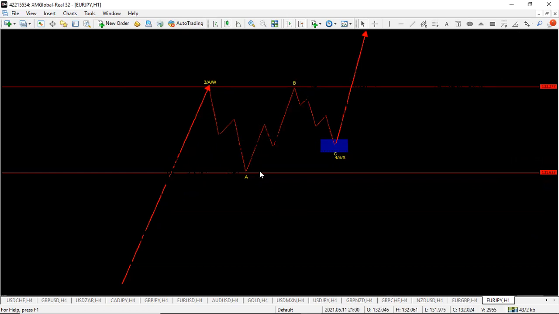Do you have any questions here? So this is what they call a head and shoulder. Some traders call it head and shoulder from A2. Okay, this one, at this point, remember what I did.